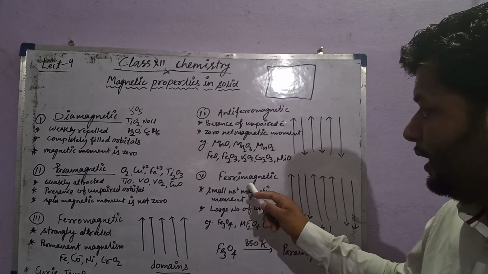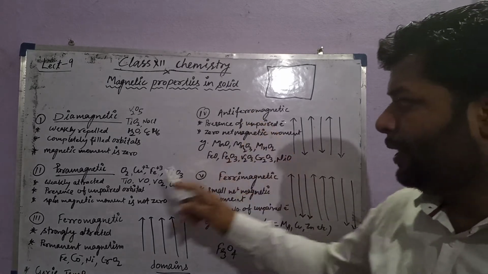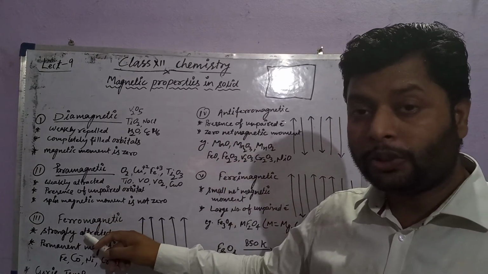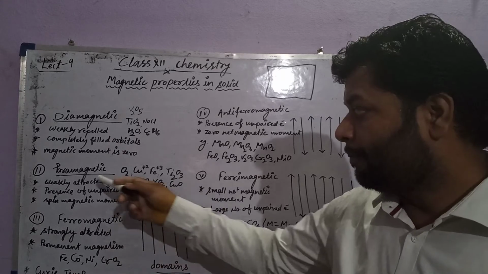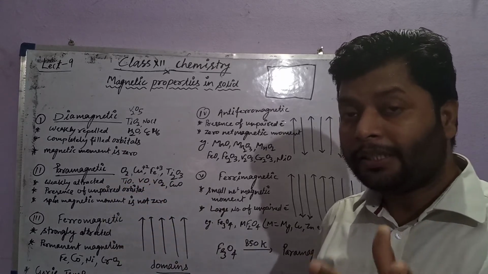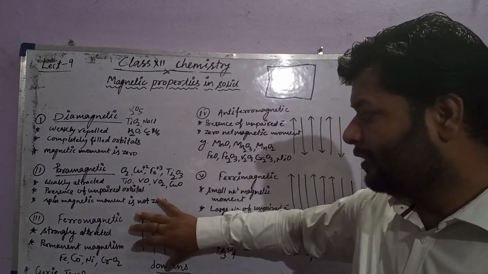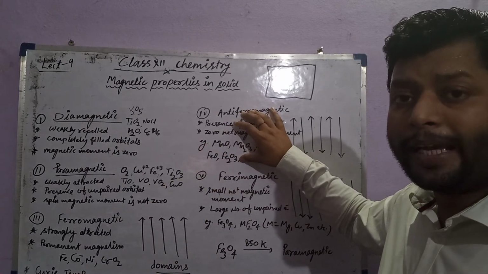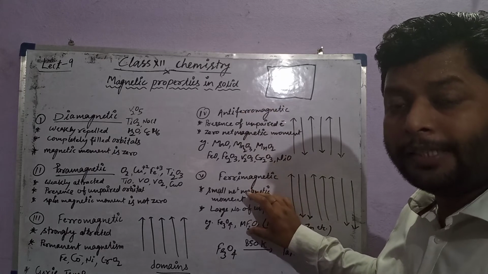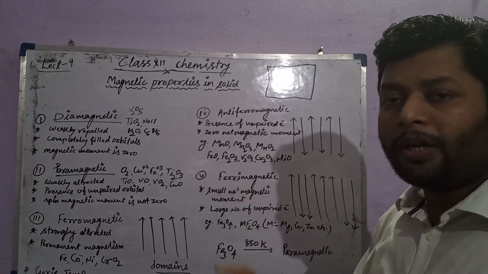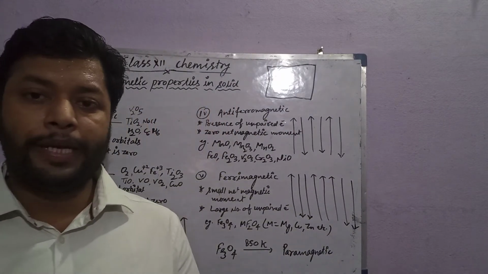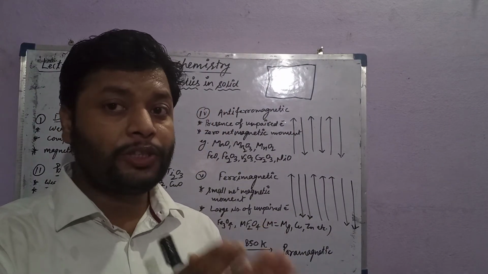All three, ferrimagnetism, antiferromagnetism and ferromagnetism, have unpaired electrons. The difference is that ferromagnetic substances are strongly attracted, antiferromagnetic ones have zero net magnetic behavior, and ferrimagnetic ones have a small magnetic behavior because of the different orientation of domains formed in the solid state.